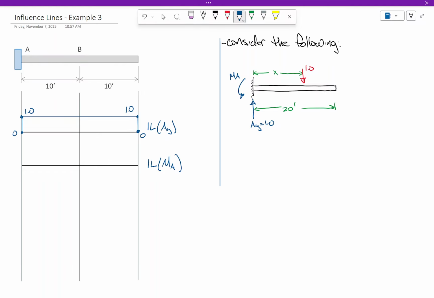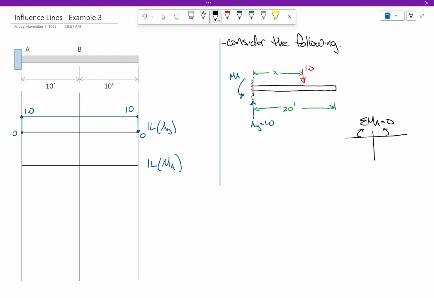Okay. So how do I solve? Let's ignore all this Mueller-Breslau, hinge, gobbledygook. Tell me, how do I solve for the moment reaction at A? Tell me what to do. Sum moments at A. Okay.